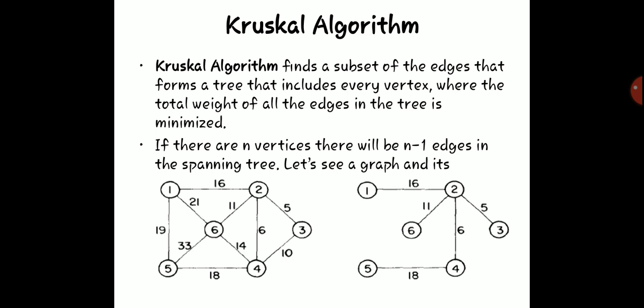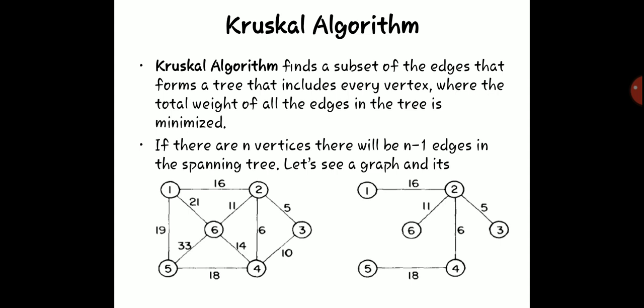Can we pick that edge? No, because the constraint of the spanning tree says we should not form a cycle. When we have edges 2, 3 and 2, 4, 3, 4 cannot be picked up, because it will form a cycle. So we just drop 3, 4.